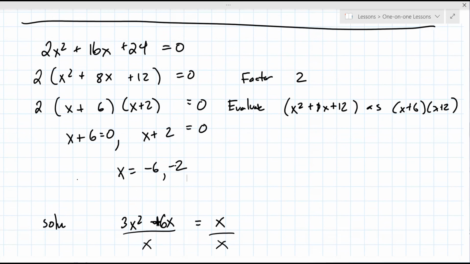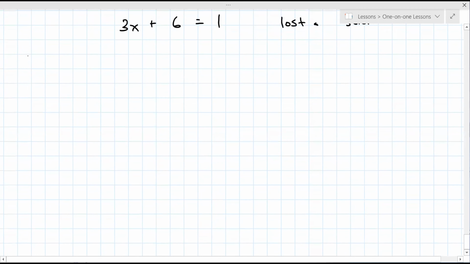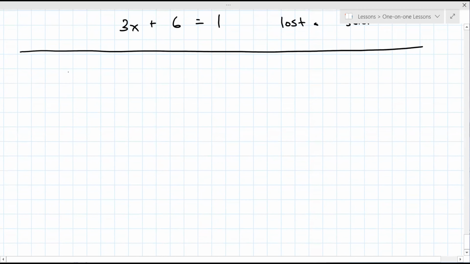Okay. All right, so I found some questions that we can look at now. We were talking about this idea that, what if you can't factor out a GCF?